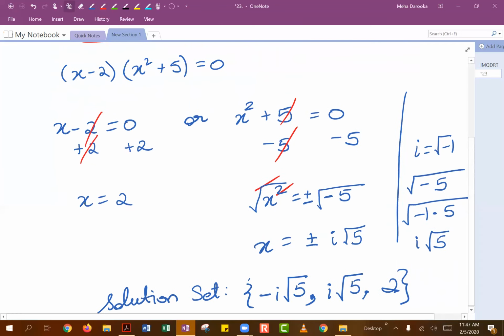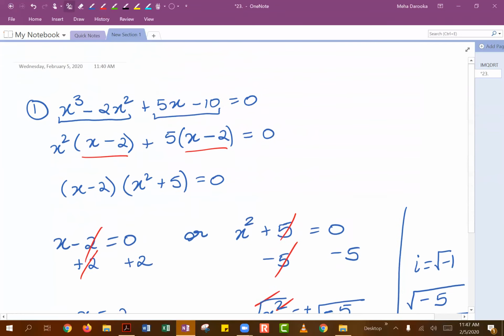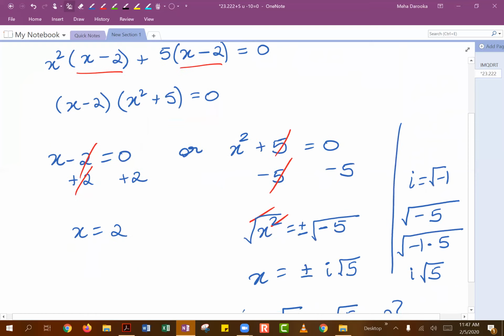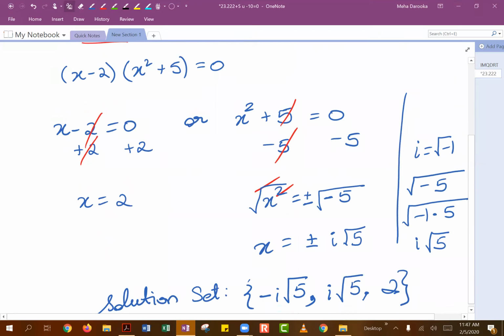Okay, so just to recap this, we started out by grouping our first 2 and last 2 terms. As you can see, we were able to get x minus 2 and x minus 2, so they combined into one factor. X squared plus 5 became the other factor. Then using the zero factor property, you take this one, set it equal to 0, take the other, set it equal to 0. From the x minus 2, we end up getting x equals 2, so that was done.